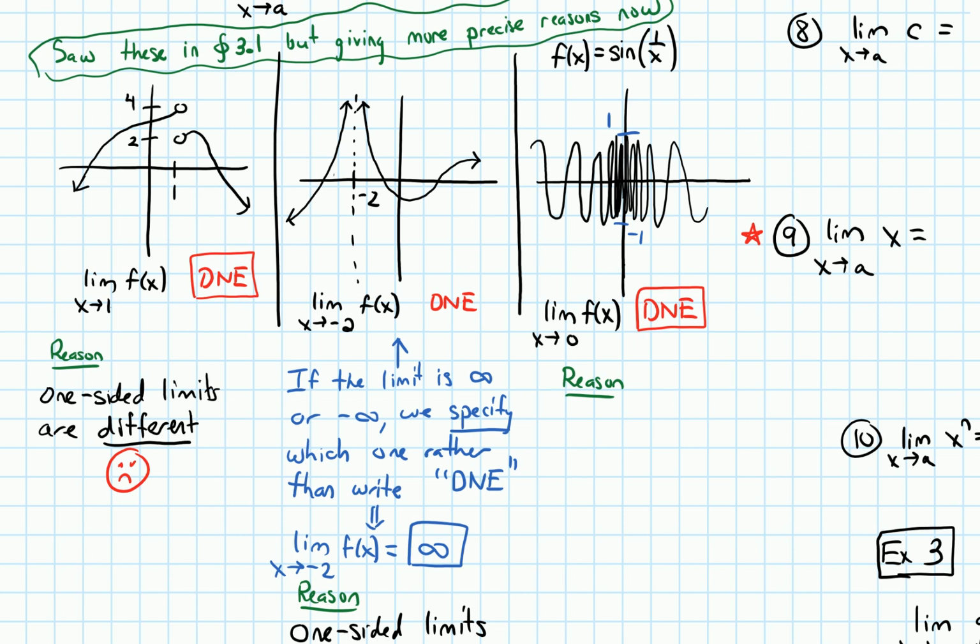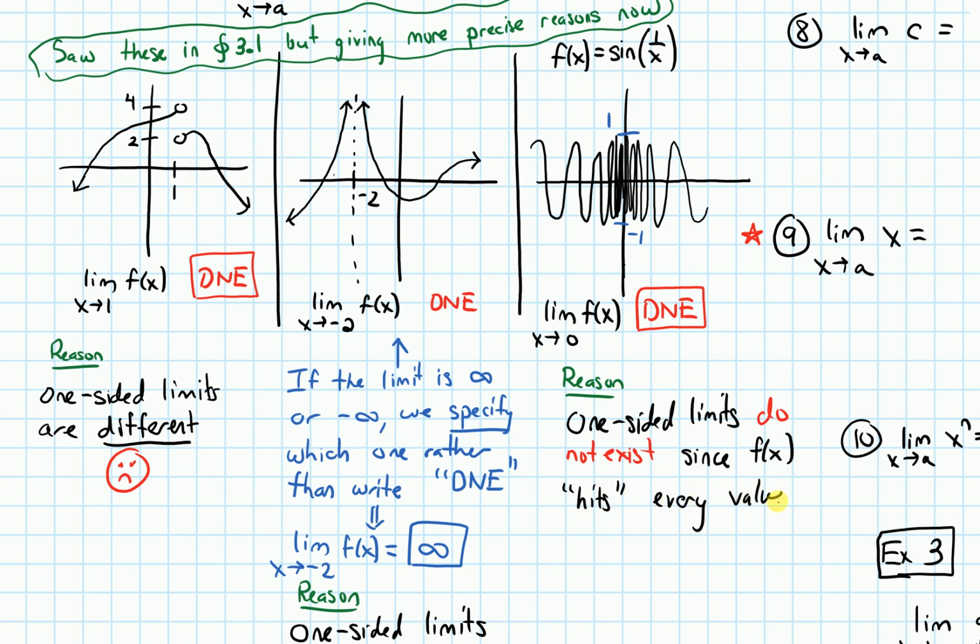So the reason why this limit doesn't exist is, just in terms of the one-sided limits again, the one-sided limits in this graph do not exist. Since f of x, our function, hits every value in the interval from -1 to 1, so between -1 and 1, including them, infinitely often as x approaches 0.